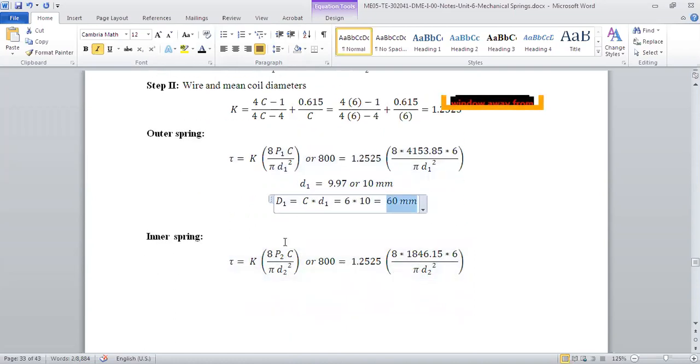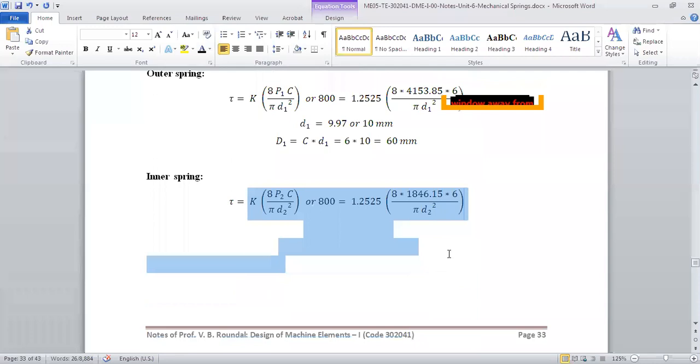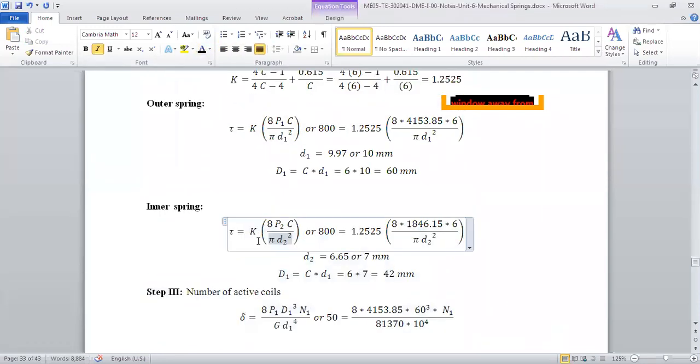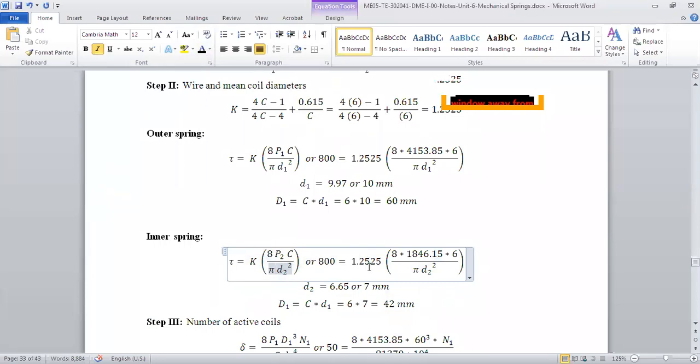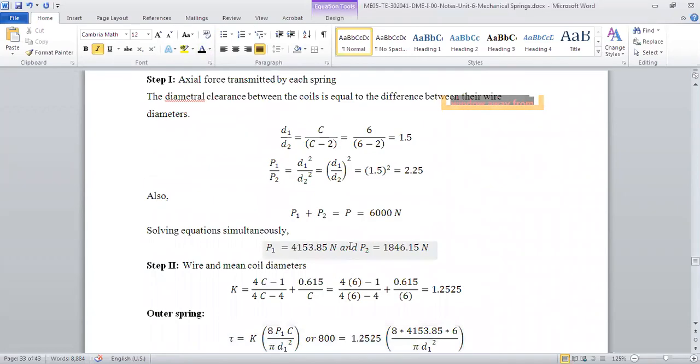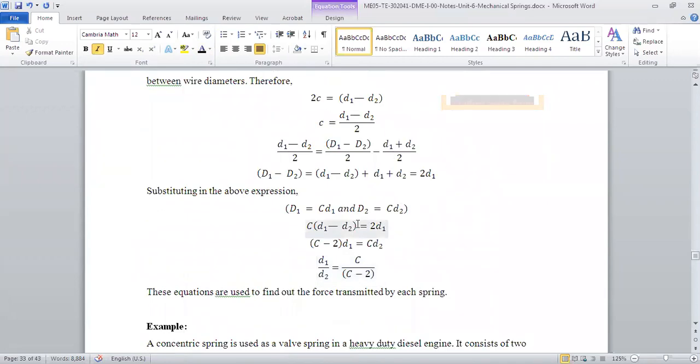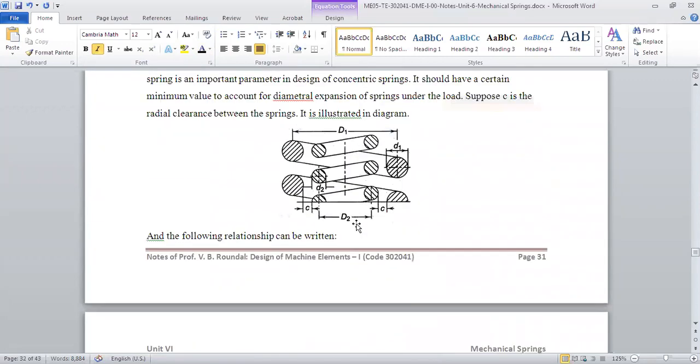Right? Similarly, we can use the same approach to find the inner coil. Again 800, same K, but P will be different, right? So that time d2 will be... again, we can use this formula also. We can use this formula also here to find the diameter of the coils.